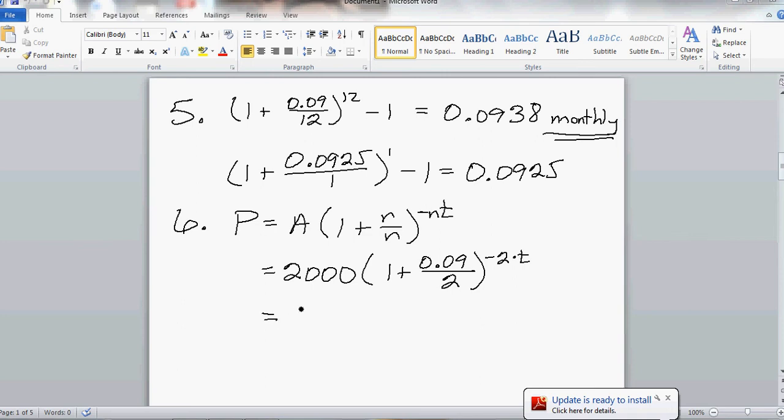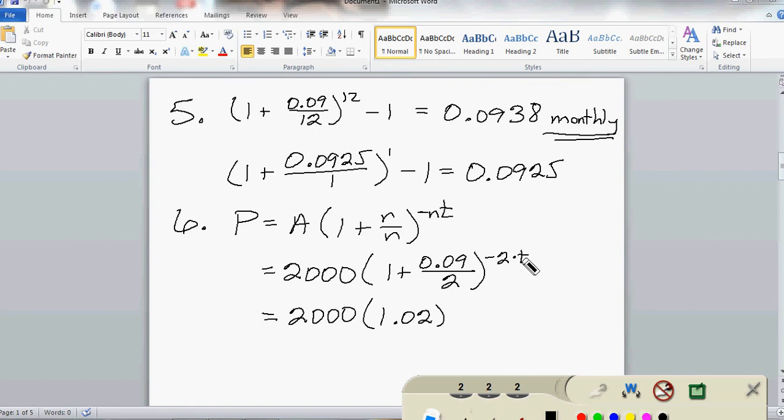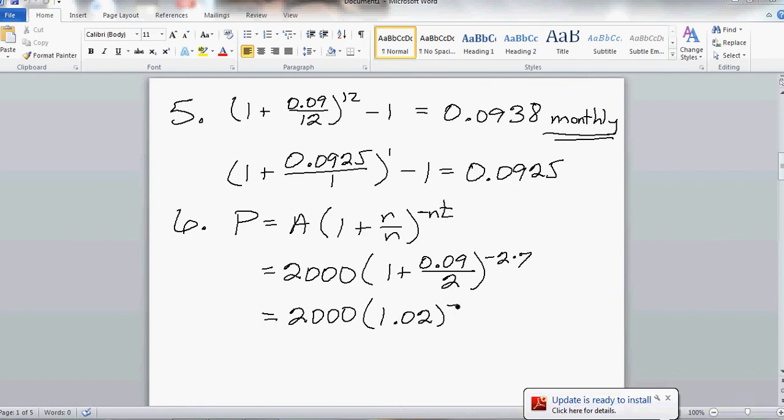So let's see what all we need to do here. This is 2,000, and then this becomes 1.02 raised to the, this is 7 years, not t. What am I thinking? 7, so raised to the -14 power.